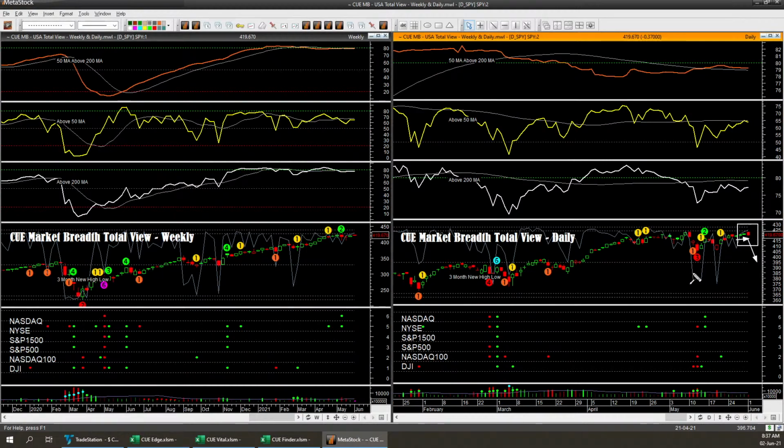And the new market breadth release now includes the 3-month new high low study. There is nothing much to read from the other signals. I mentioned the new release has these reference lines at the 80% and 20% level.